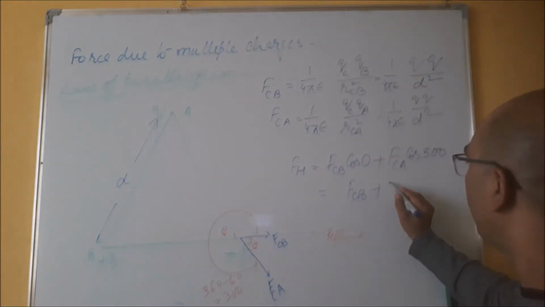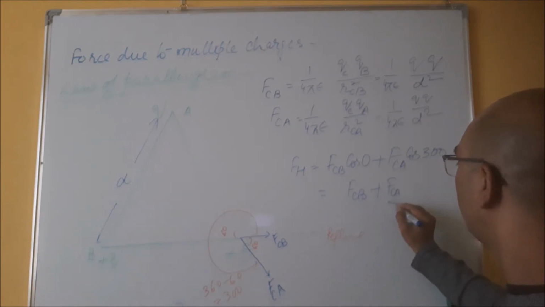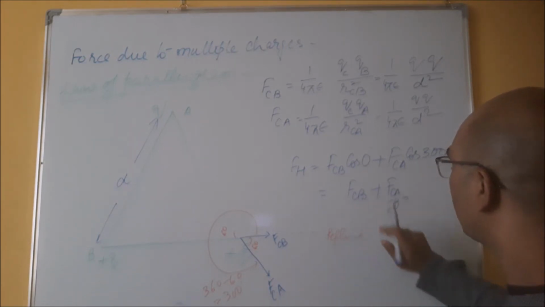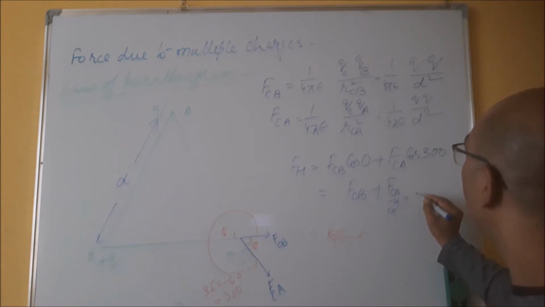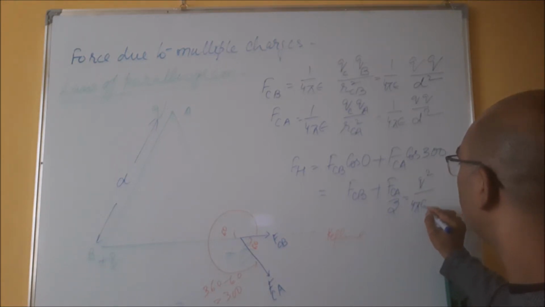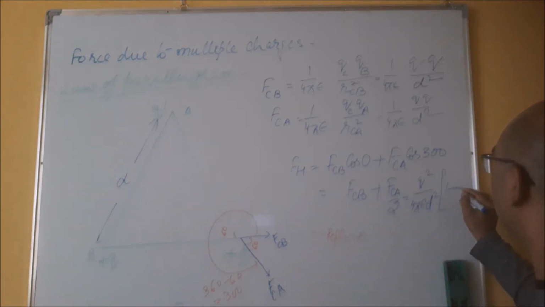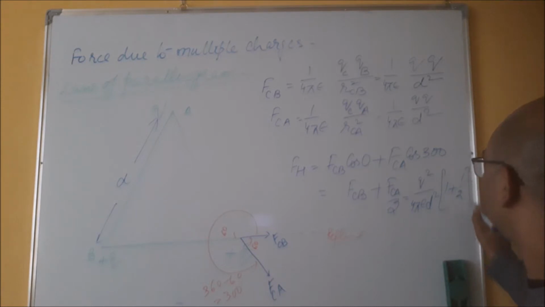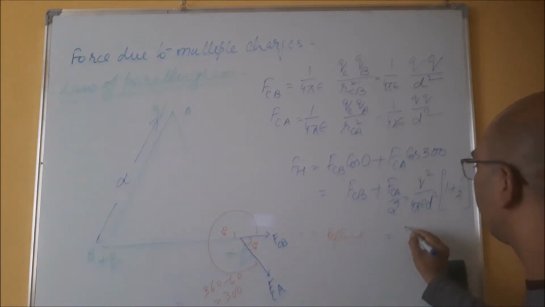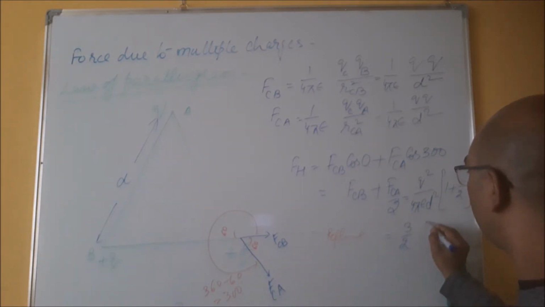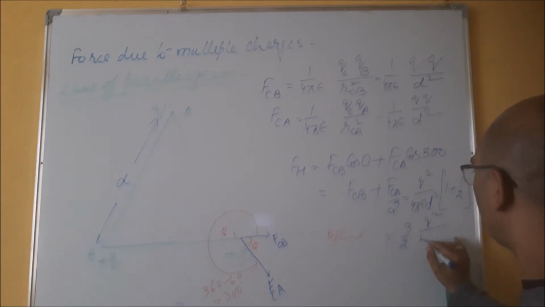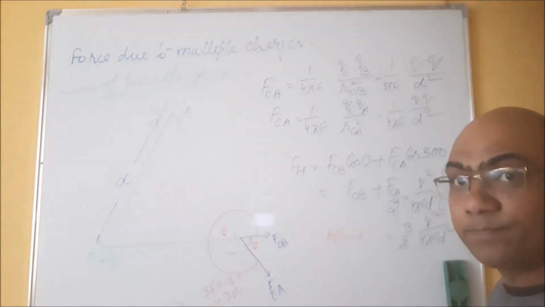So the value will be FCA by 2. Since these both are equal, I can put its value. So q square upon 4 pi epsilon naught d square in bracket 1 plus 1 by 2. So this will give me 3 by 2 times q square upon 4 pi epsilon d square, right?